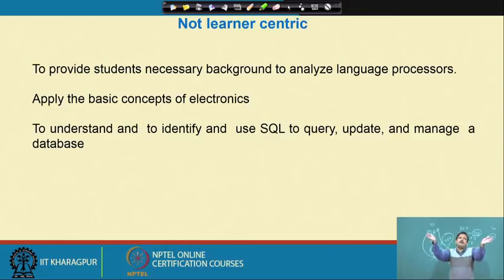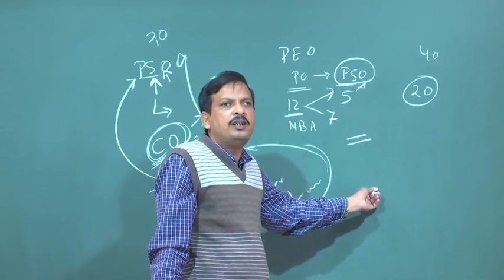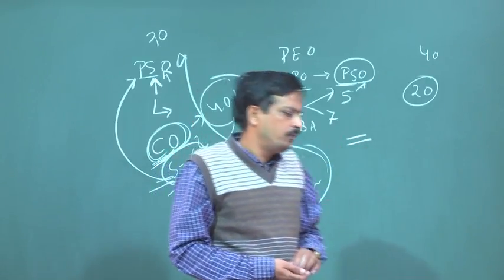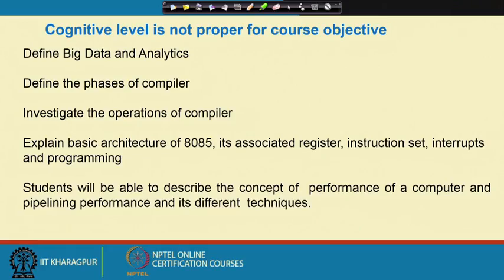Like that, "solve differential equation," nothing is mentioned; you can solve second order, you can solve third order. So, while writing a course outcome, it should be specific, measurable, achievable. Okay?